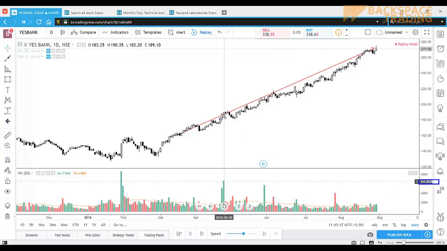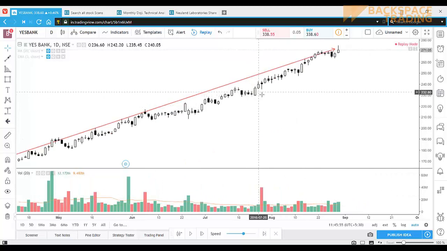Some sellers and buyers combined together. This is another set of buyers with 56 million. This is the first set of sellers coming on board. I assumed, okay, next day there can be some set of selling which I can sell, but to my surprise it kept on moving upwards.